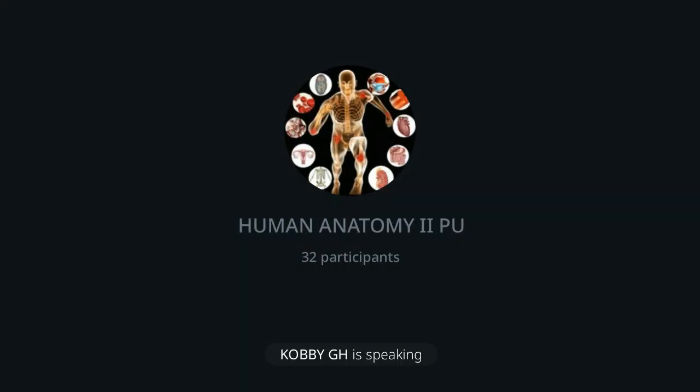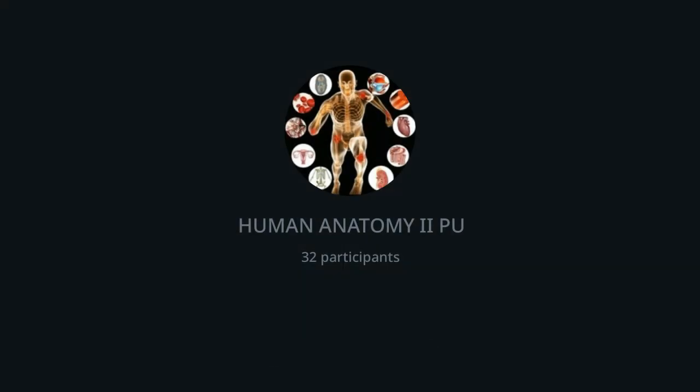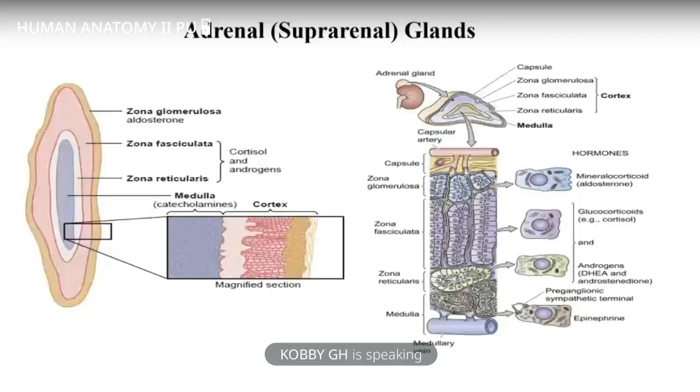Mention the cortical hormones. It means you have to mention the hormone produced by the zona glomerulosa, that is aldosterone, the hormone produced by the zona fasciculata, that is cortisol, and the hormone produced by the zona reticularis, that is the androgens. Is that okay? What hormone is produced by the zona glomerulosa? Aldosterone. Okay. What hormone is produced by zona fasciculata?